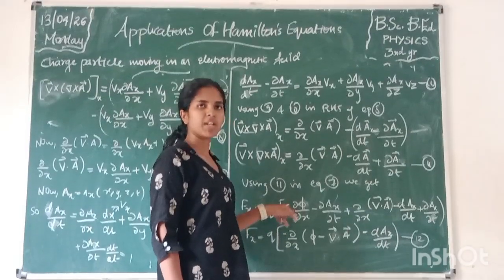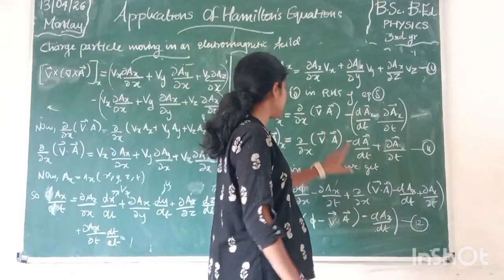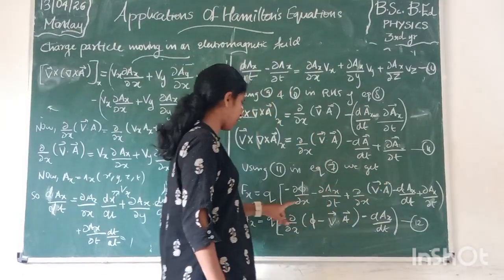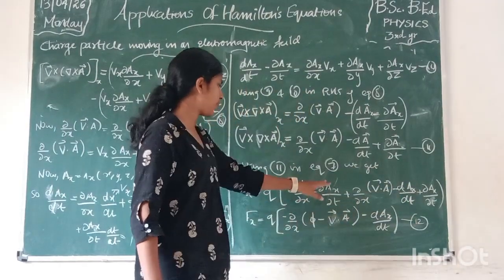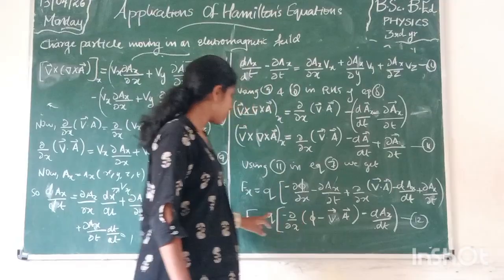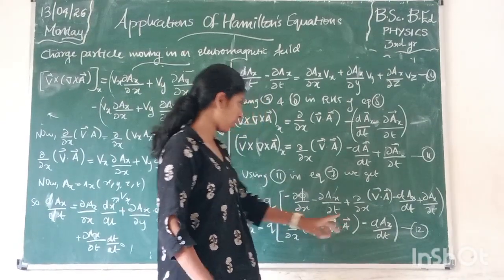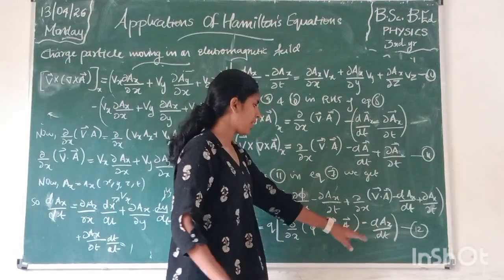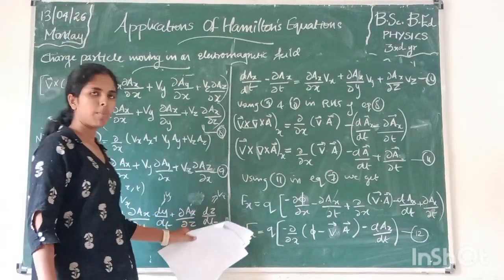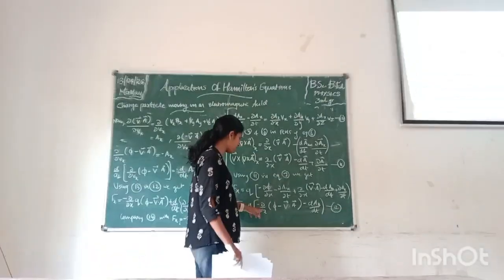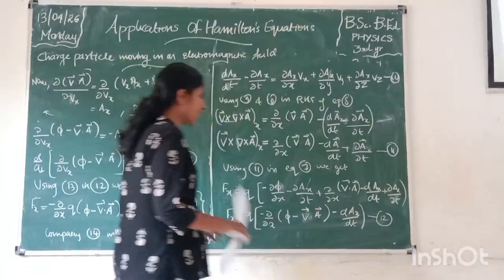So that is minus ∂/∂x of phi minus ∂Ax/∂t, plus this term is substituted here. This term will go because this is minus and this is plus. So minus ∂/∂x of phi minus d·A minus dx/dt. So this is another form of Fx.